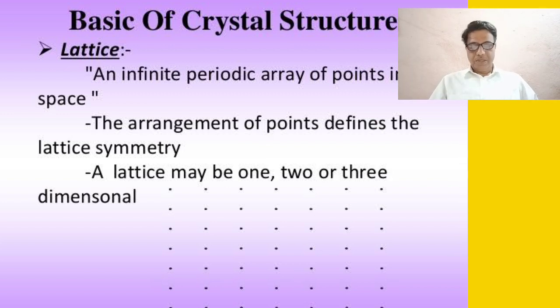So what is lattice? Simply, lattice is a geometrical arrangement of points in a 3-dimensional periodic array. After some interval it repeats. So it may be 1D, 2D, or a 3D structure.